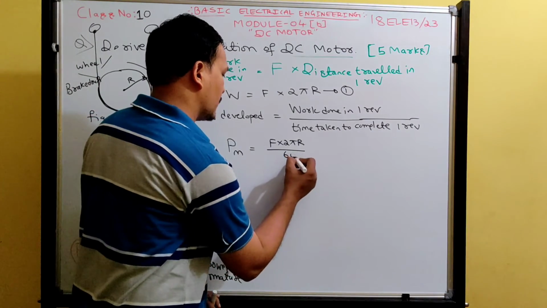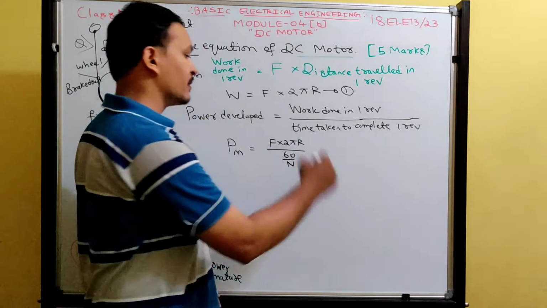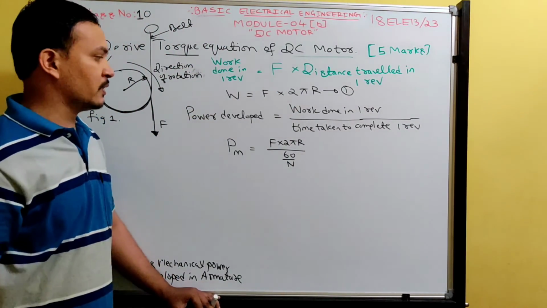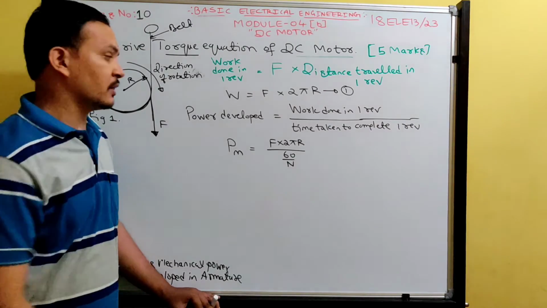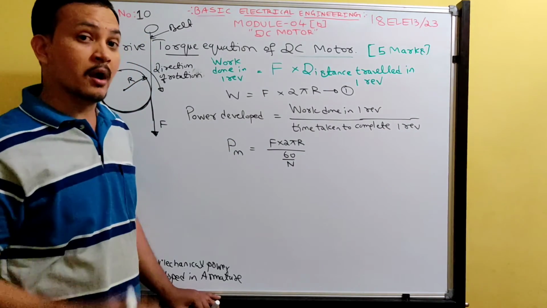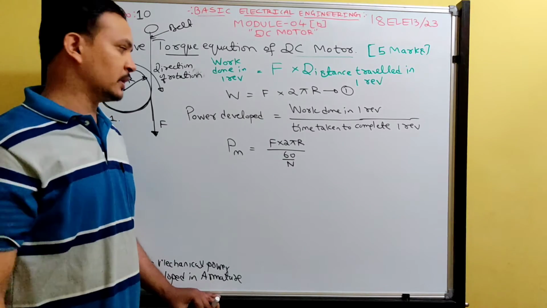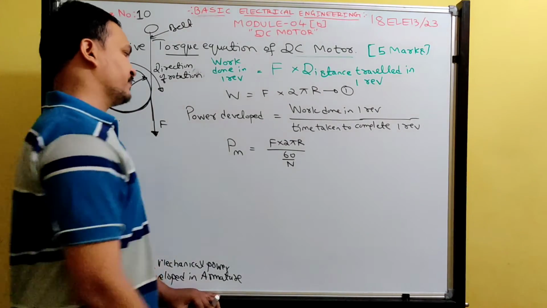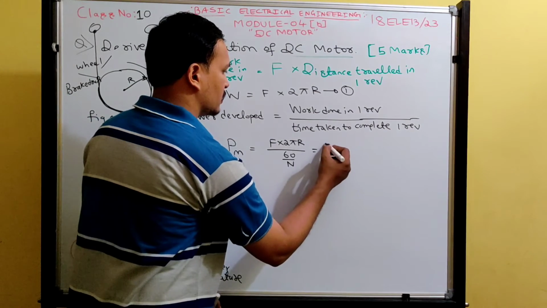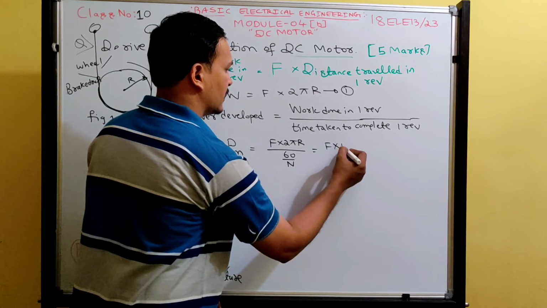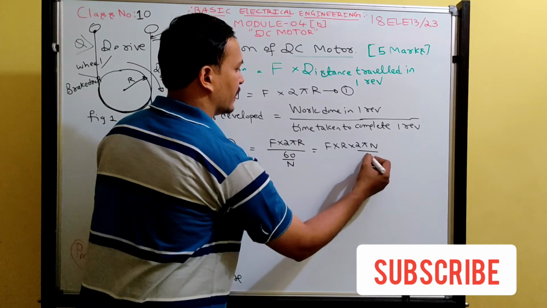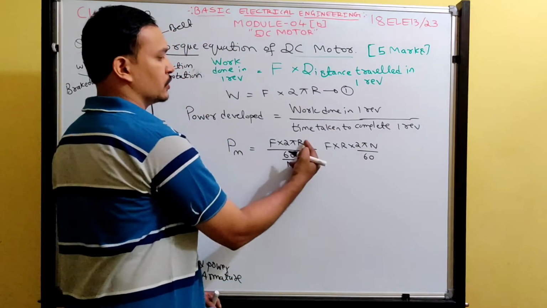In the EMF equation of our DC generator lecture, I gave the reason why I take 60 by n, not n by 60, so just go through that derivation. Now simplify this. You will get F into R into 2 pi n by 60, as n goes to the numerator.